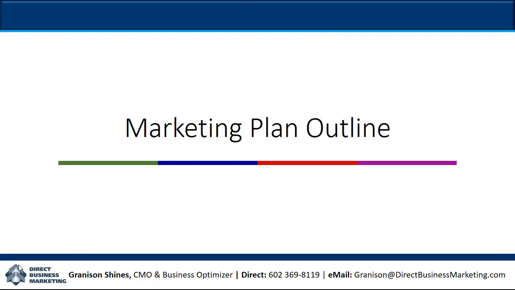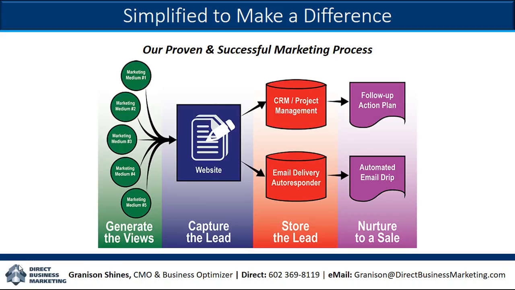No need to really dive into this, but I want to dive into the marketing plan outline. Now, here is our proven marketing process. I like this little graph that we made. It's simplified to make a quick difference at the campaign level. Now, what's the major difference? In this video we're talking about the marketing outline at the campaign level.